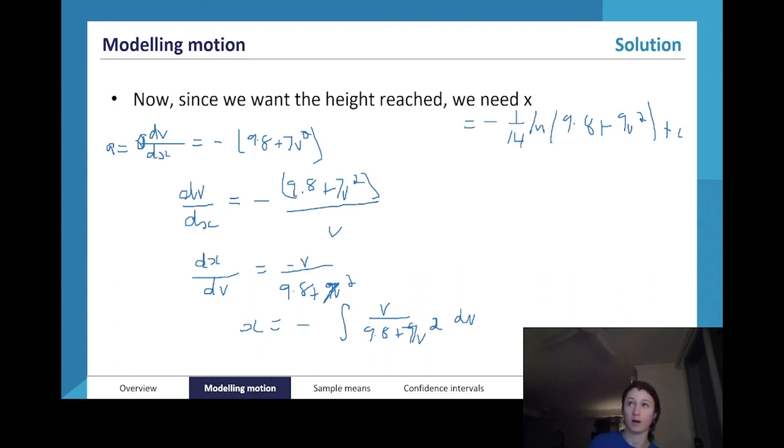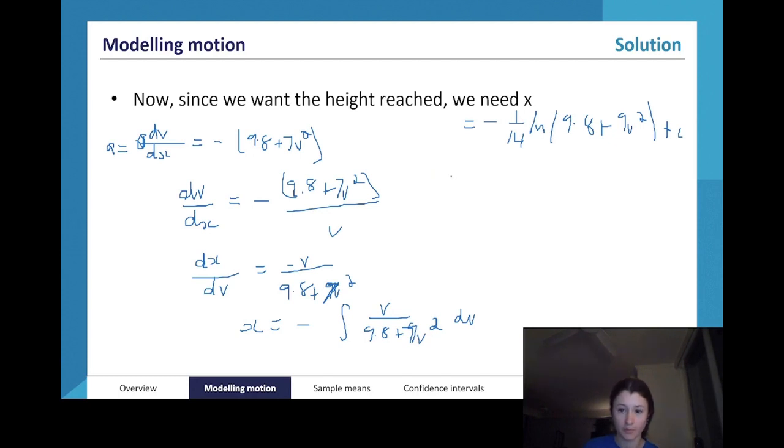Our particle is projected upwards, so at maximum height that just means our velocity is equal to 0. And we also know that at x equals 0, our initial velocity was u. So we can use that as well to find our c value.